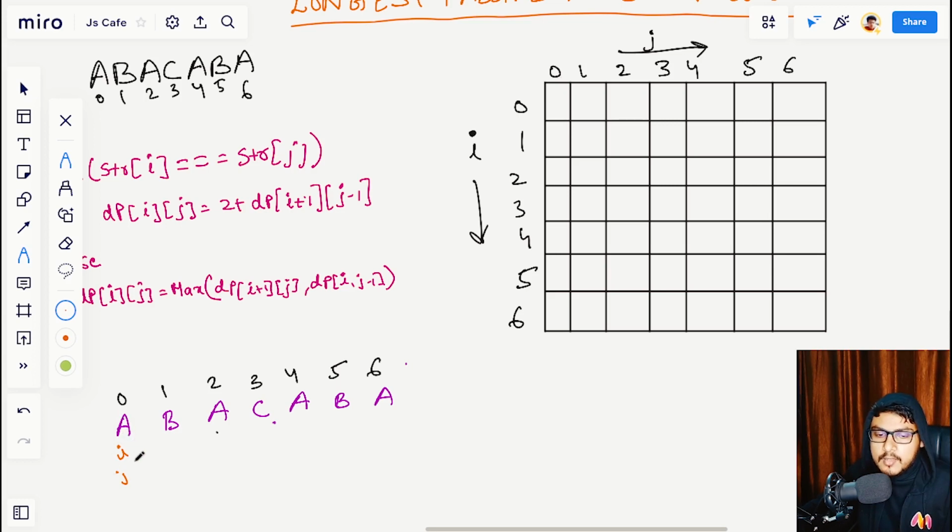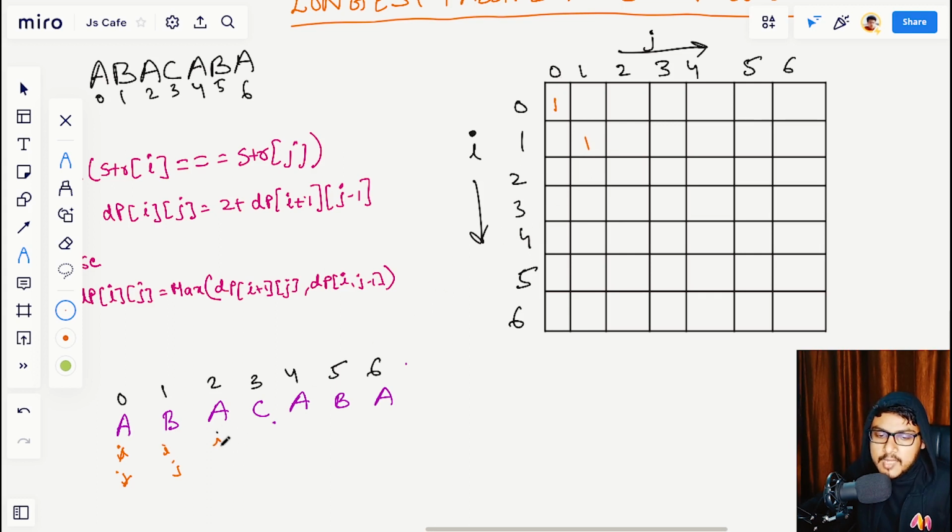Which is 1. So dp of 0, 0 we will fill with 1. Then we change I and j to over here. How many maximum subsequences can you achieve if we have only one character at this position? We have only b as the character, so we can only have a maximum LPS of 1. So again we will have 1 over here.